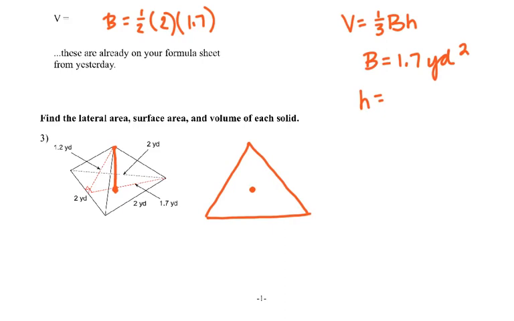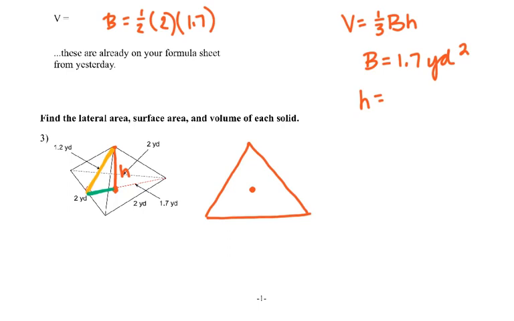So if we're going to call this H, we need to connect it into a right triangle with something else to be able to find it. Then you think about, well, it intersects the slant height, and the slant height is right there. It's 1.2 yards. And then if we connect at the base, the slant height and the height, we get this segment right here.